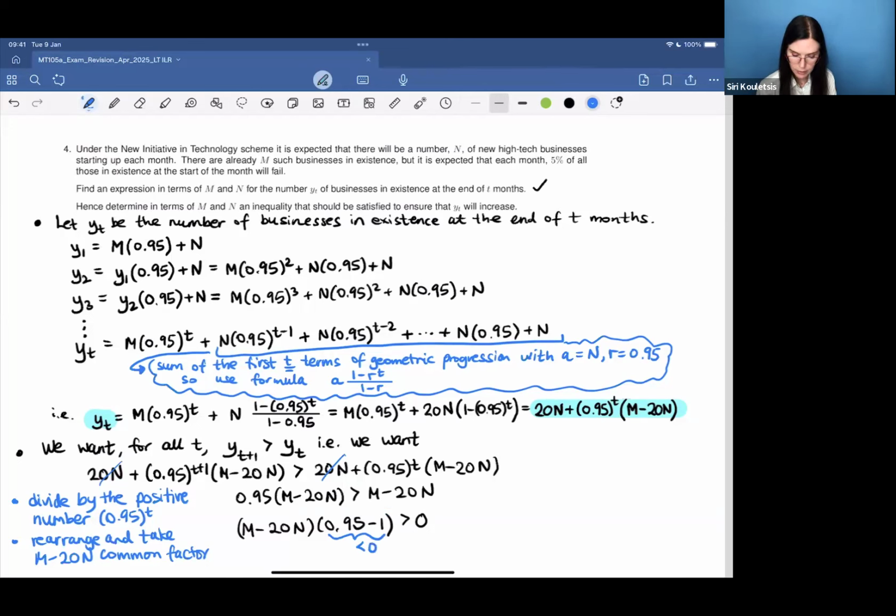But the product has to be positive in order for the inequality to be satisfied. In other words, we can conclude that m minus 20n must be negative as well, so that the product of these two factors is greater than 0.